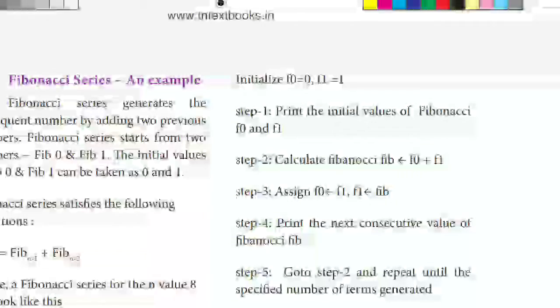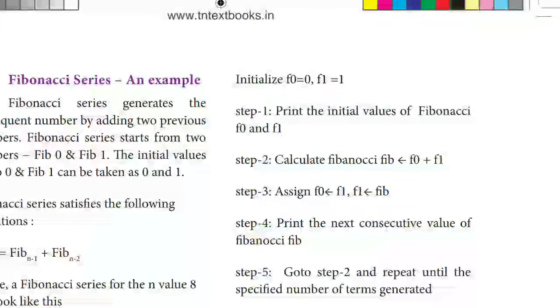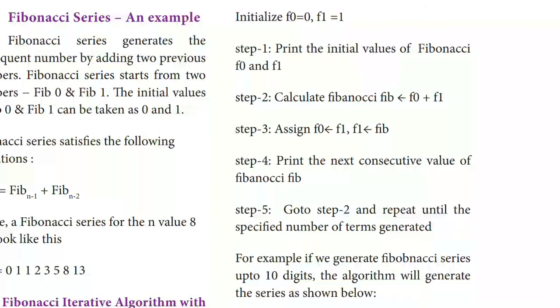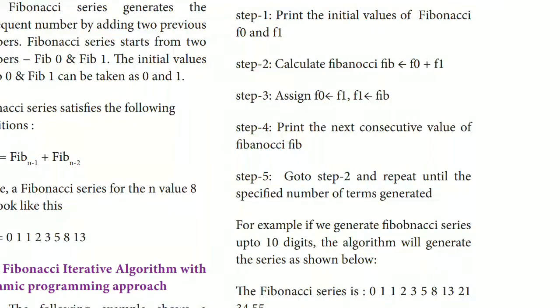Calculate fib equal to f of 0 plus f of 1. Then assign f of 1 to f of 0 and fib to f of 1. Print the next consecutive value of fib. Go back to step 2 and repeat until the specific number of terms is generated.